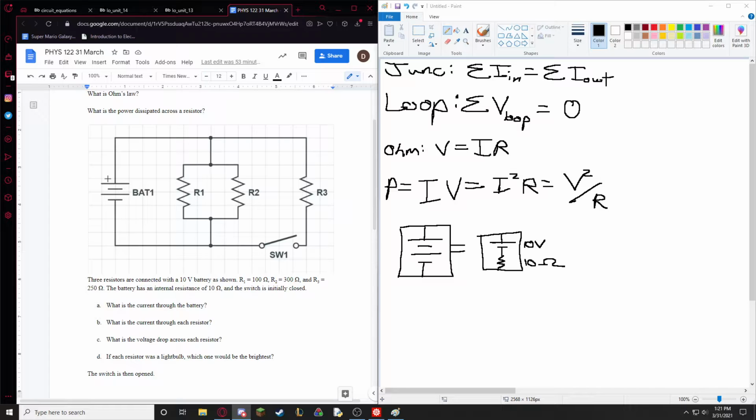All right, so how would we first solve for the current through our battery? What law would we have to use?